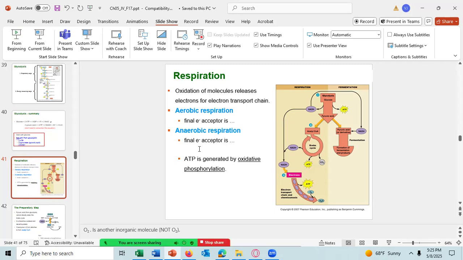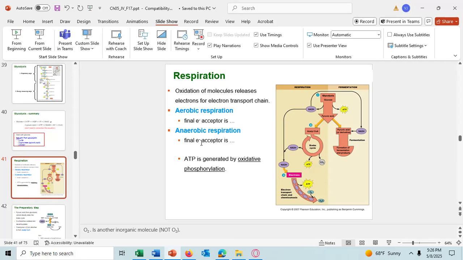And there are different anaerobic respirations, slightly different pathways. The big thing is they have a different final electron acceptor. That's why it's called nitrate anaerobic respiration, because the electron flows to nitrate.